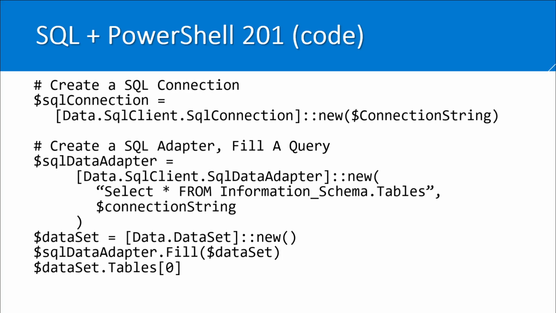This is creating a data adapter and filling a query. We're going to go ahead and create the adapter, select star from information schema tables. I'm just going to pull out data, create a data set, fill the data set from the data adapter, and output the first table. That's how easy it is to basically do raw SQL in PowerShell. It's very handy.